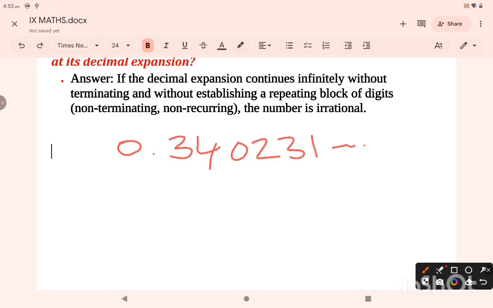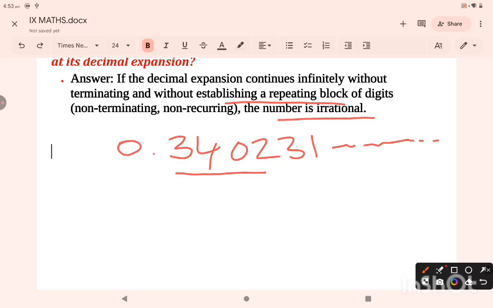For example, 0.34023 and so on. This is a non-terminating, non-repeating decimal. So this is irrational. If the decimal expansion continues infinitely without terminating and without repeating blocks, that is a non-terminating, non-repeating decimal.